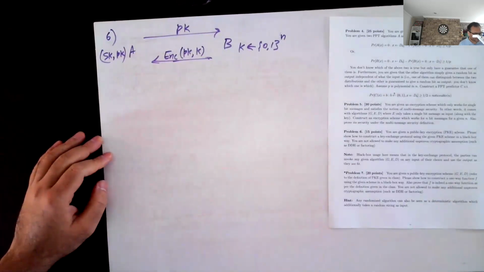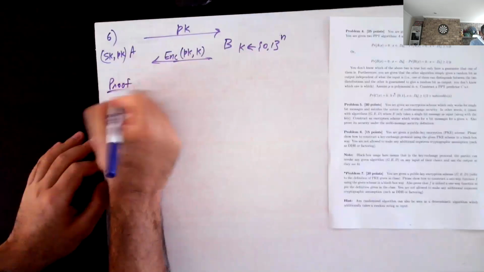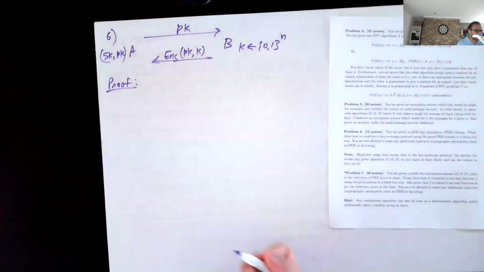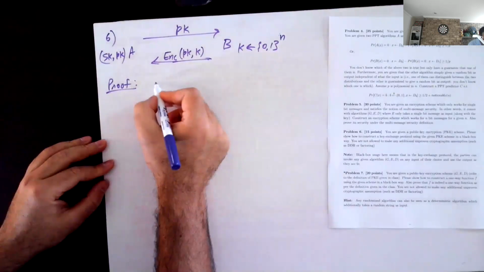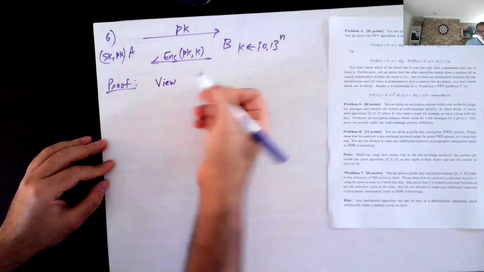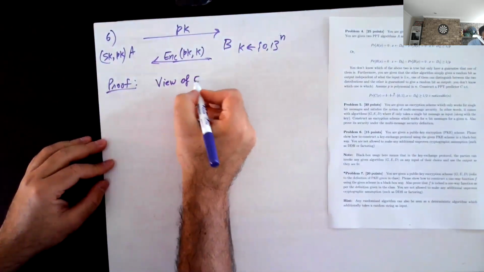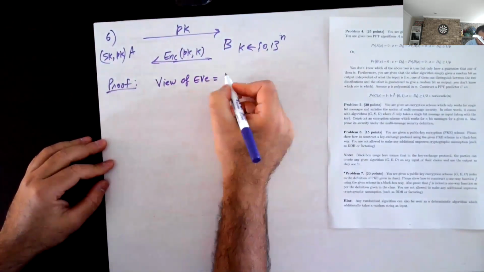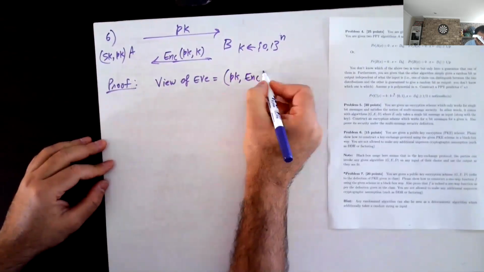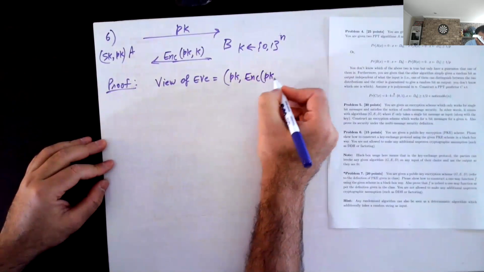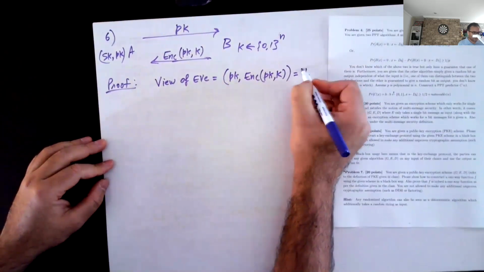And now let's try to prove the security. Proof is also fairly straightforward. The first thing which you need to realize is, there's an adversary Eve sitting on the channel. So the view of this adversary Eve is just the public key and the ciphertext, which is also the protocol transcript tau.